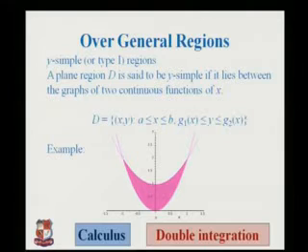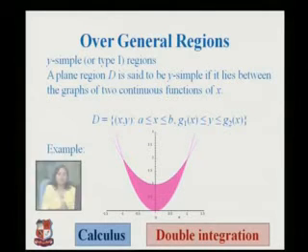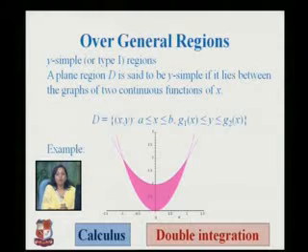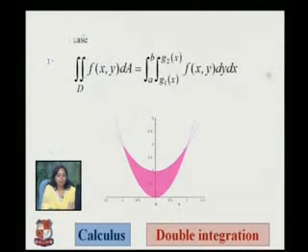Here D is equal to the set of (x, y), where x is running from a to b and y is between two functions of x, g1(x) and g2(x). Here you can see this type of graph.